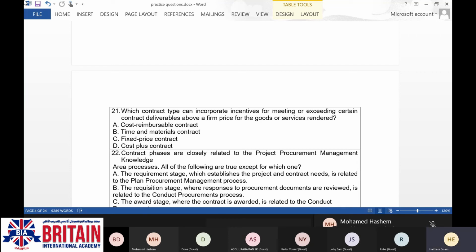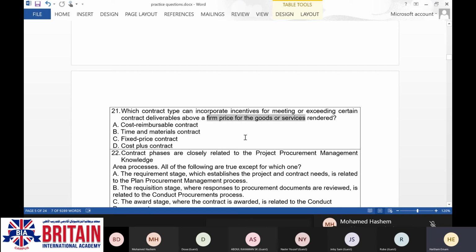Maybe you are going to say, then what is the difference between this and the previous one? In the fixed price contract, still you have a lump sum amount. And in our question, above firm price for the good or service, firm price means you have identified the price.